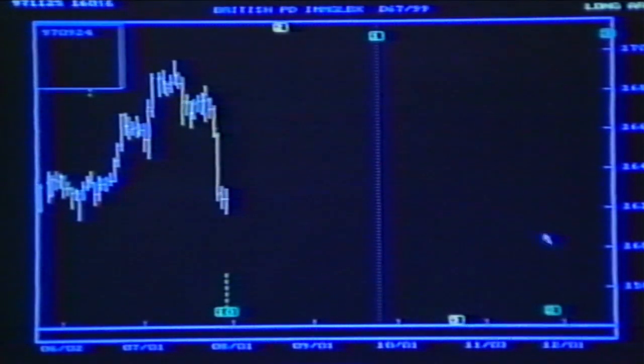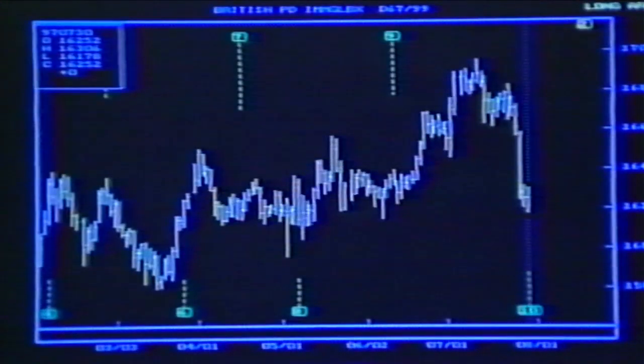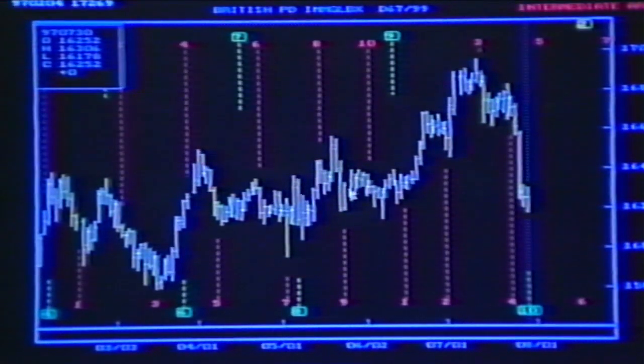Now let's come back and add the intermediate term points to the chart. And now we see how all of the intermediate term moves show up according to the intermediate turning points.